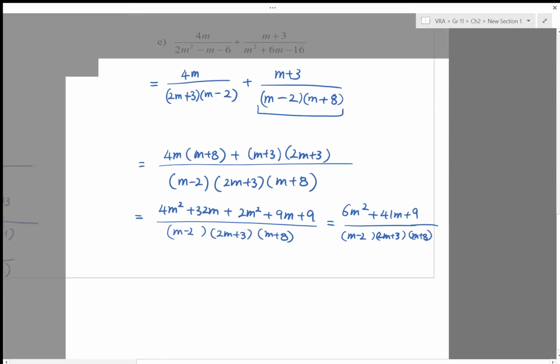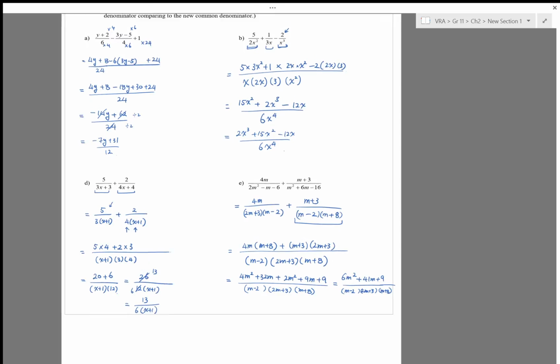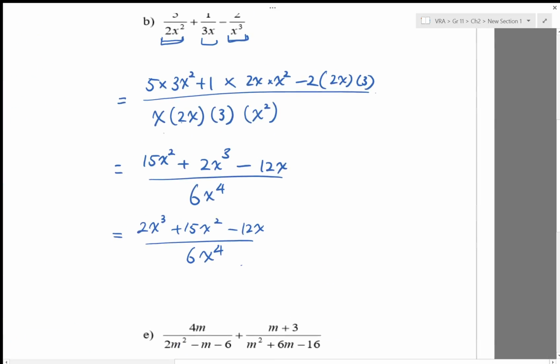Hopefully the addition and subtraction part was okay. This is kind of difficult. It's not an easy one. So again, the key is you find the common and you write the common only once. If you go back to B, you find the common, you write the common only once, and you put all the uncommon ones together.